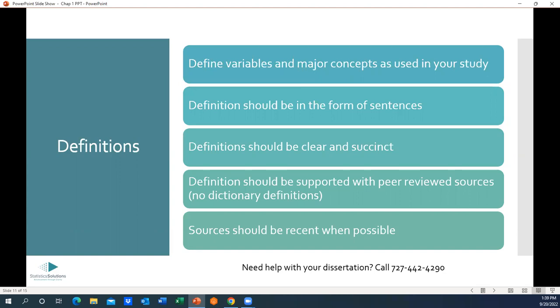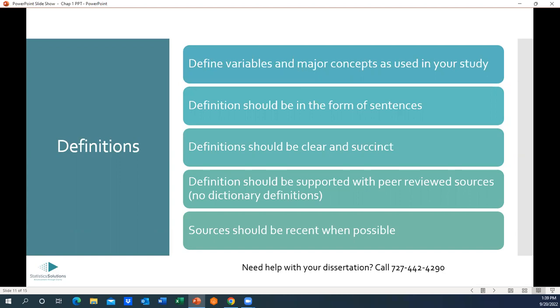So any variables or factors, to go back to our example, transformational leadership and emotional intelligence, those would definitely need to be defined here. Any major concepts. Now, I see people sometimes put methods terms in here, like deductive or inductive or their design, and you don't need to do that here. You're going to talk about your methods in your method sections. These are more concepts and factors and variables.